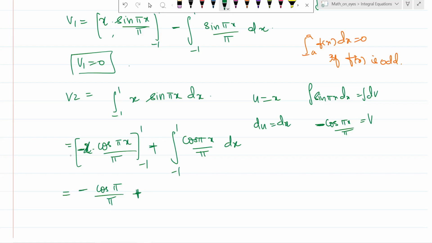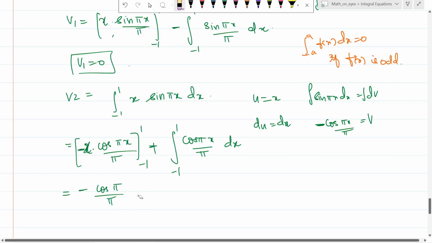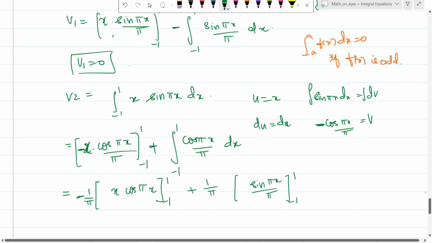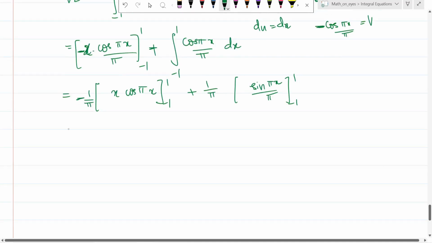Or else I'll write like this. Take negative completely outside, minus 1 by pi outside, x cos pi x from minus 1 to 1, this is plus 1 by pi. When you integrate this part, it will be sine pi x divided by pi from minus 1 to 1.